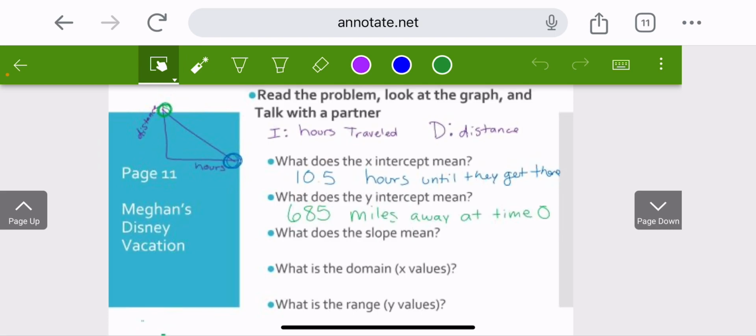Okay, so the next thing we're going to talk about is the slope. What is our slope?